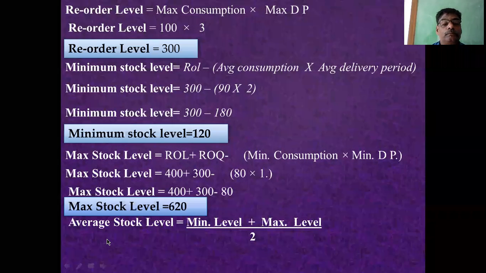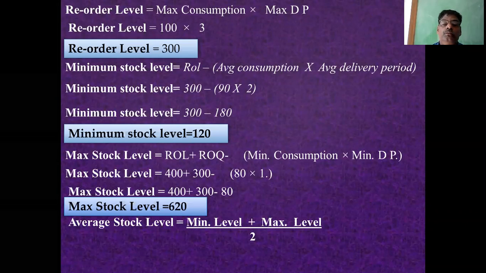Then average stock level is equal to minimum stock level plus maximum stock level divided by 2.